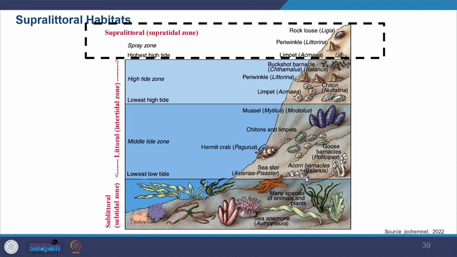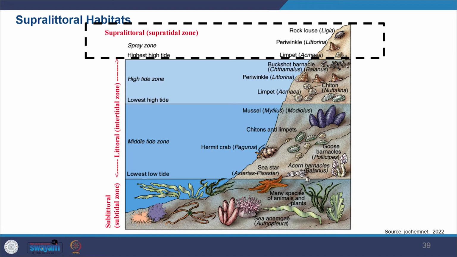Now looking at what kind of habitat really exists in all these three layers we talked about. First, the supralittoral habitat, that's the image which we saw.